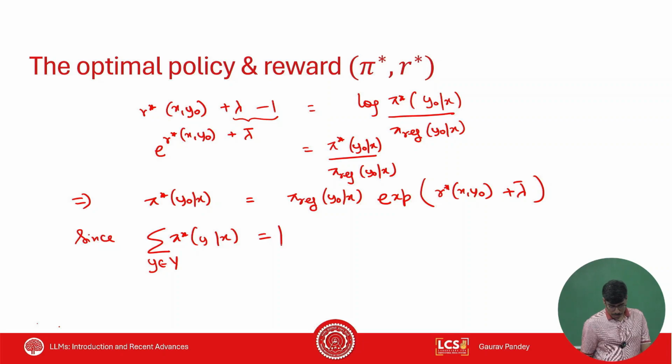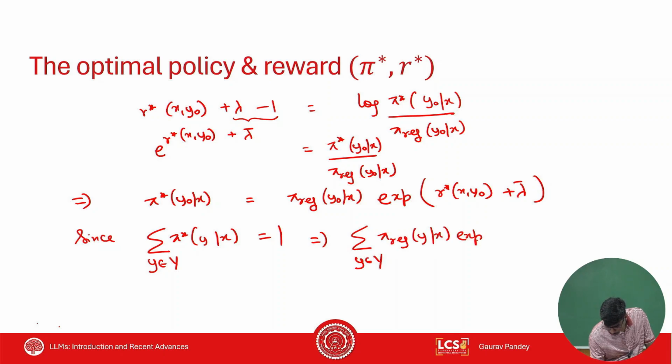If you put this condition here, what do you get? Summation over y belonging to Y of pi ref(y given x) times exponential of r star(x, y) plus lambda bar should be equal to 1.